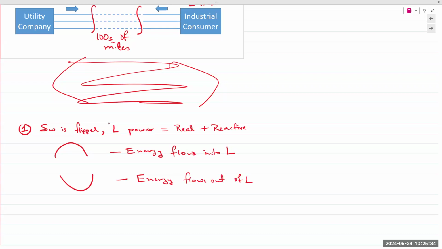Now, if it's even a few miles away, instead of hundreds of miles, let's just say 10 miles, even 10 miles is a long distance. If you remember, resistance R is L over A, directly proportional to the length of that conductor and inversely proportional to the cross-sectional area.